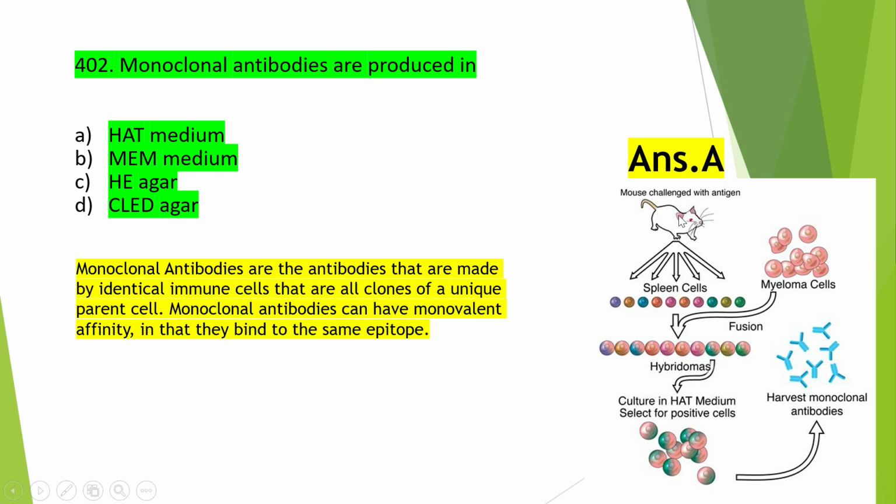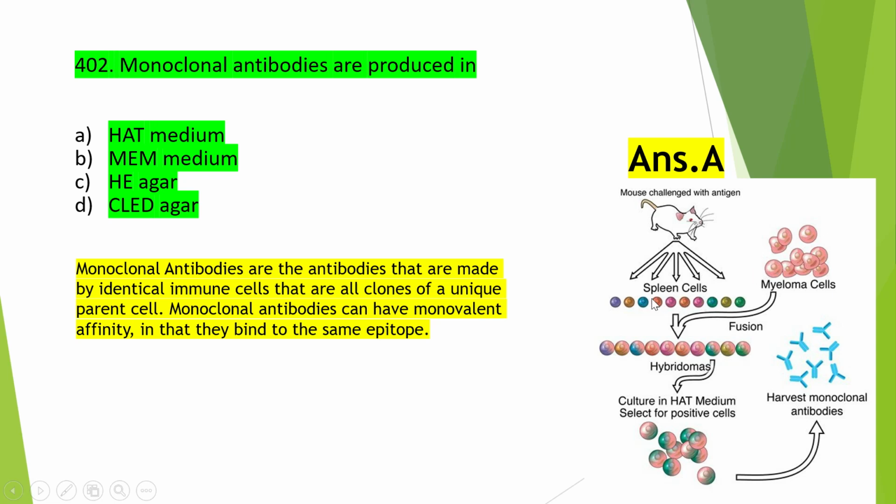And how can we produce monoclonal antibodies? At first we immunize a mouse with an antigen, and the mouse raises antibodies against that antigen. Then we collect the antibody-producing cells from this mouse and fuse them with myeloma cells to produce hybridomas, because myeloma cells can continuously divide and produce those antibodies.